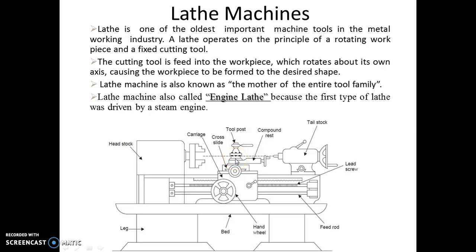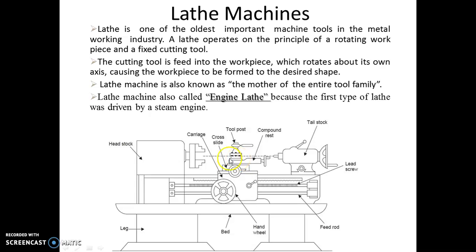Generally, the lathe machine is one of the oldest and most important machining tools. The job to be machined is rotated or turned, and the cutting tool is moved relative to the job.